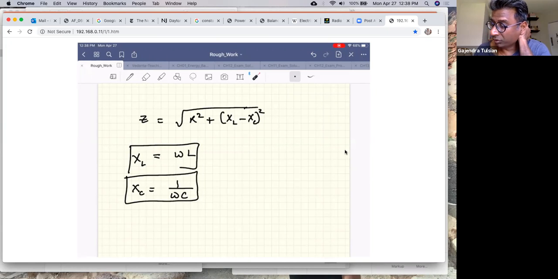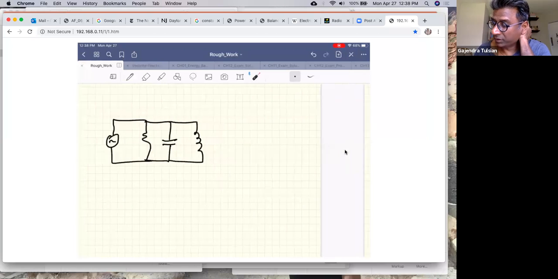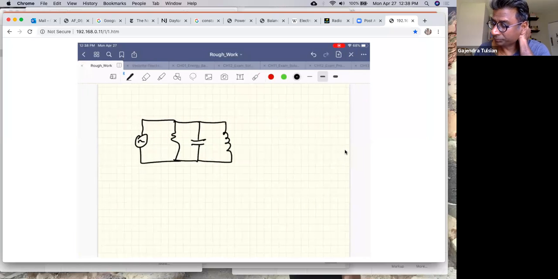All right, so in general, what we are interested in is the following. So here's an AC source, and here's a black box. This is the circuit, okay.